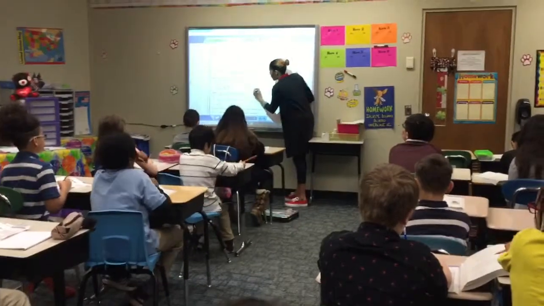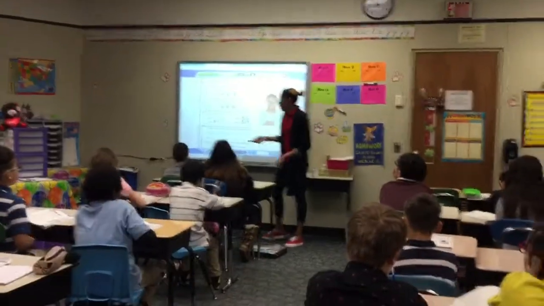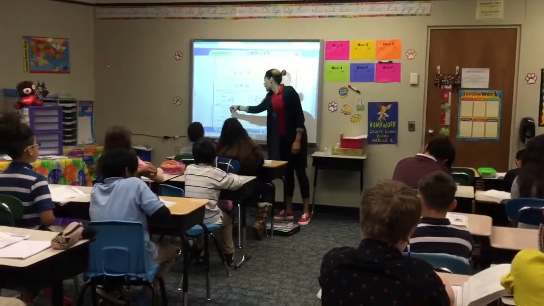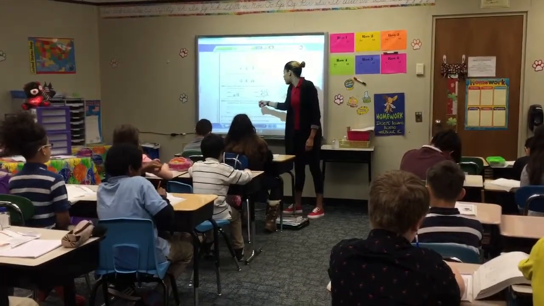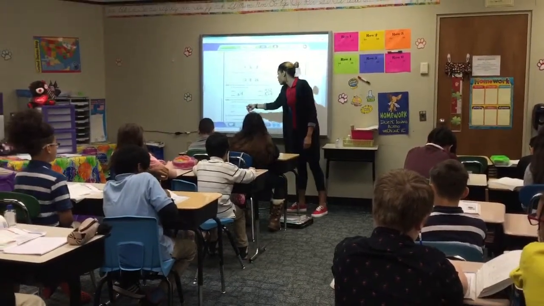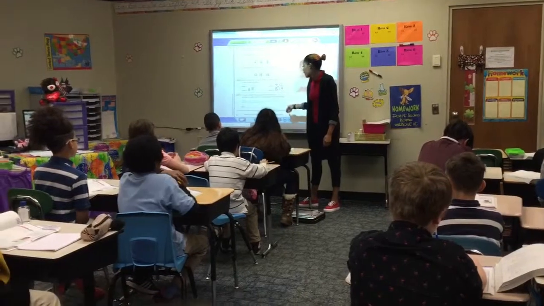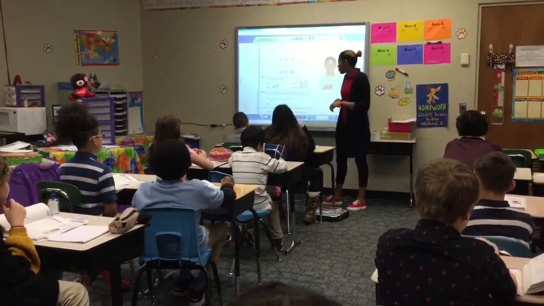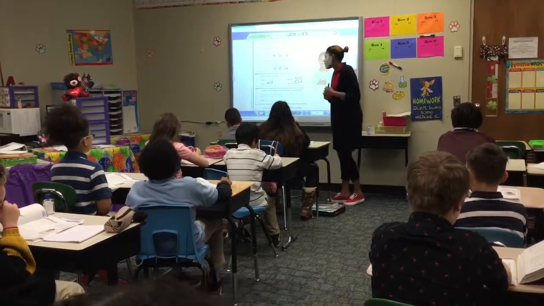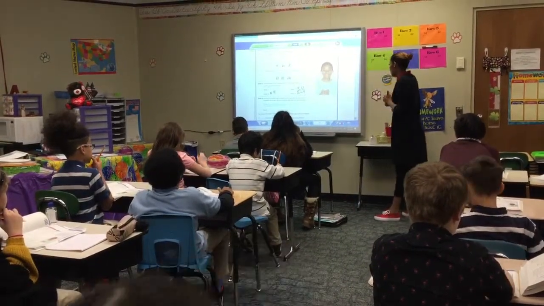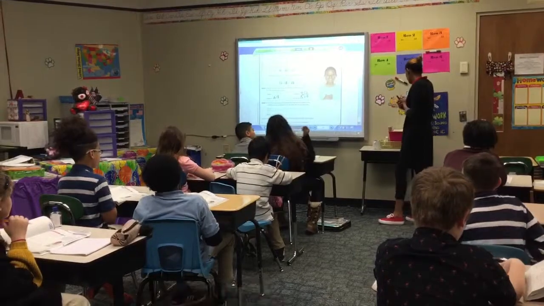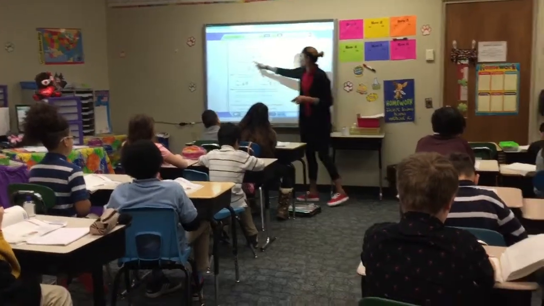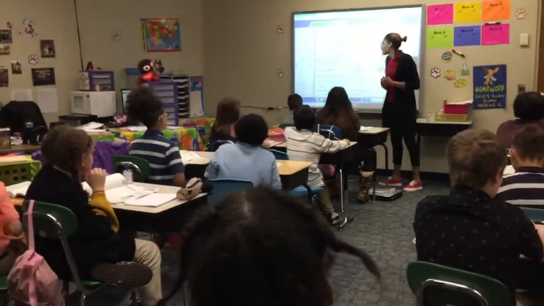Third step, it says for each number pair compare the number of movies to the number of songs. Write a rule to describe the relationship. So first we need to think of the rule. What is the rule that we see? You see where it has 2 plus what gives us 6?